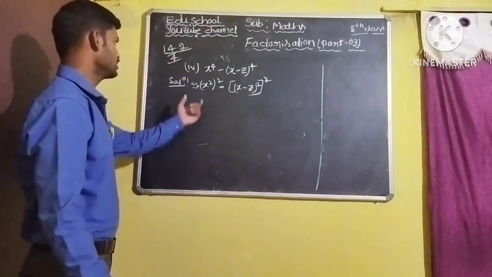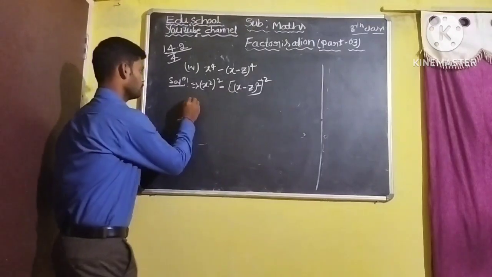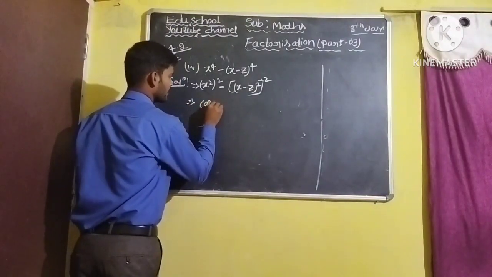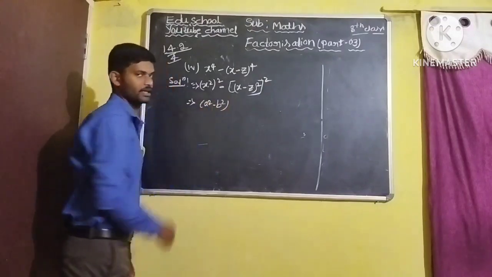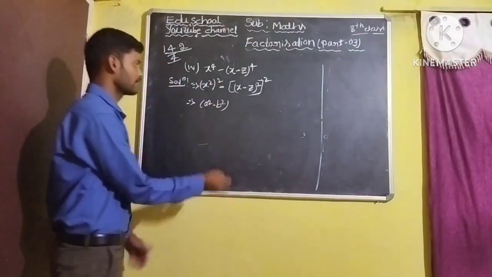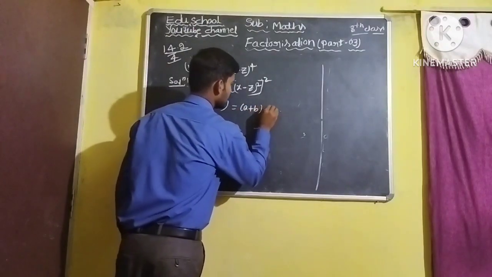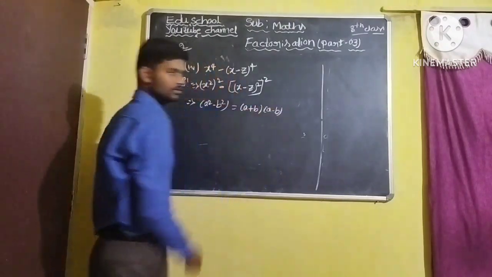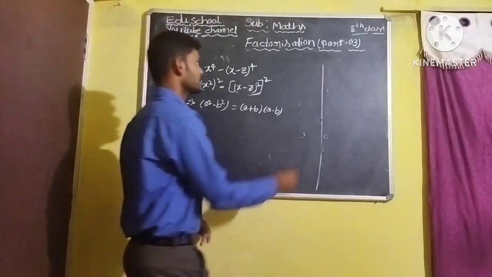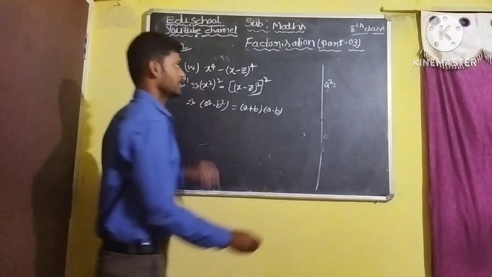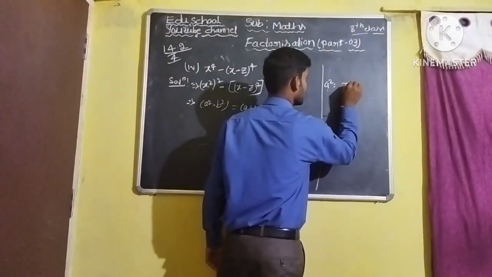Observe here, this is in the form of what identity? A square minus b square identity. What is the a square minus b square identity? A plus b into a minus b. Here, what is there in the place of a square? X square whole square.